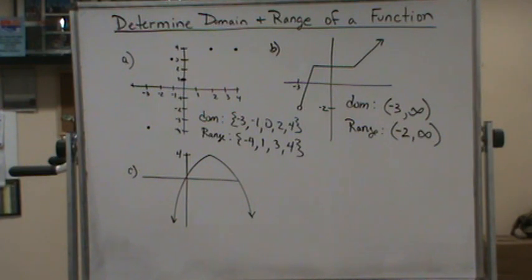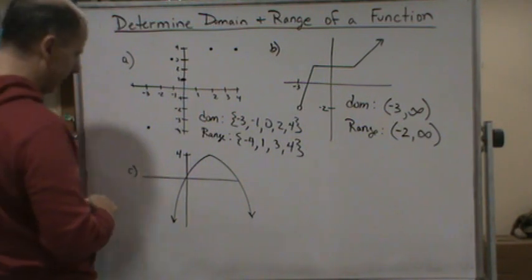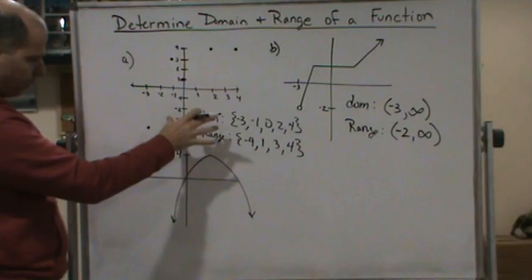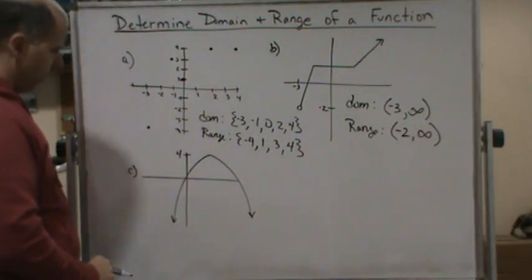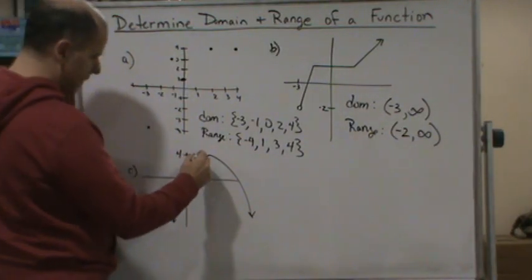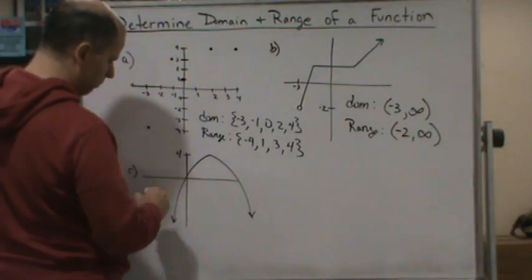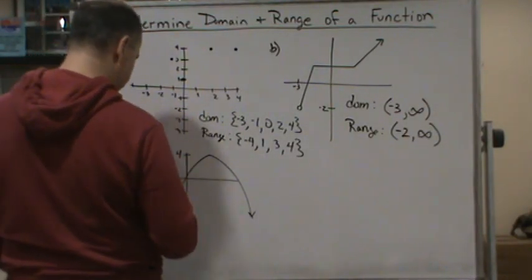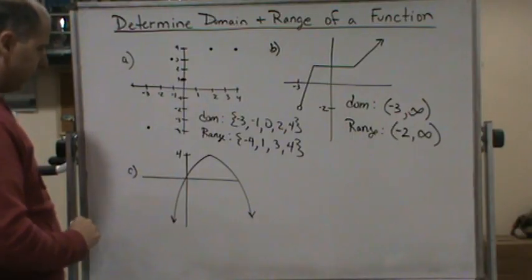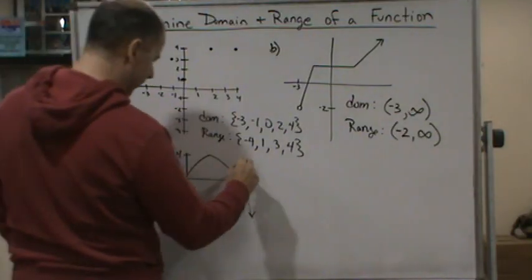Okay, now for part C, notice it's a parabola that opens downward. The highest point is at 4. Now let's do the domain here.